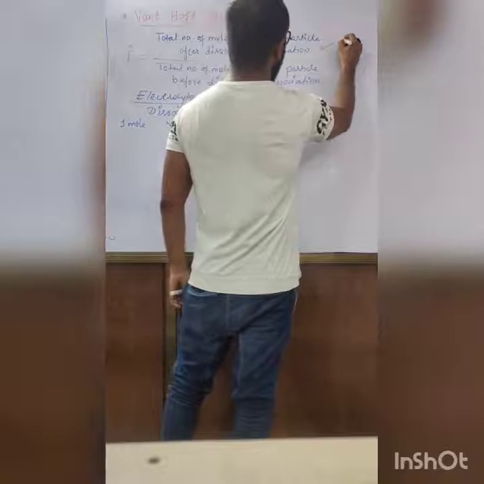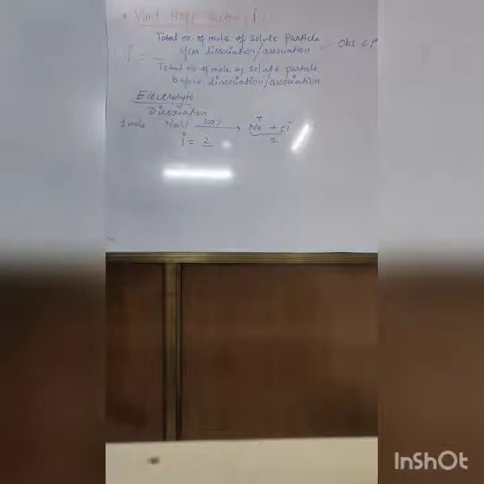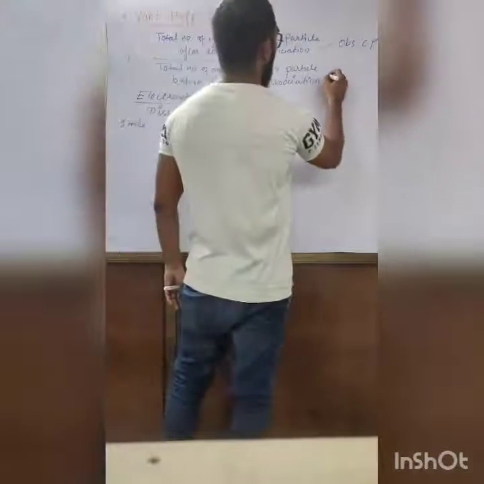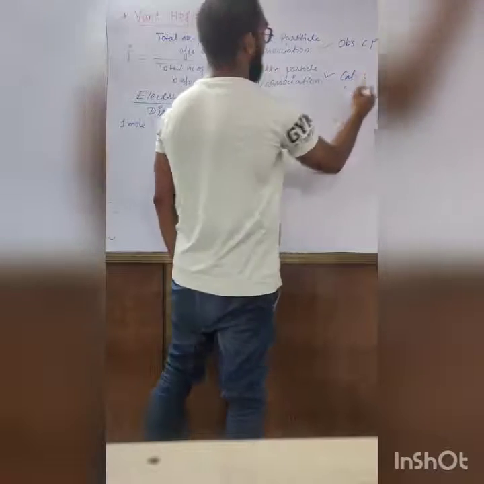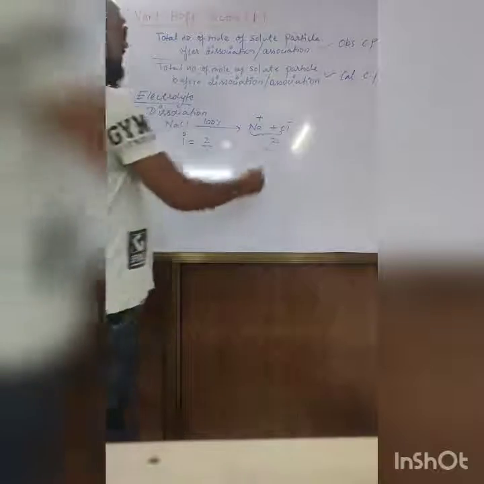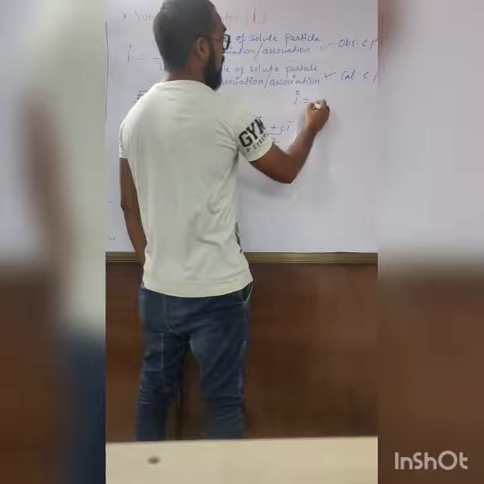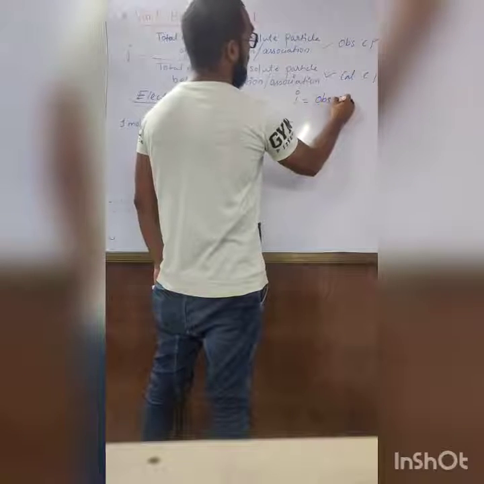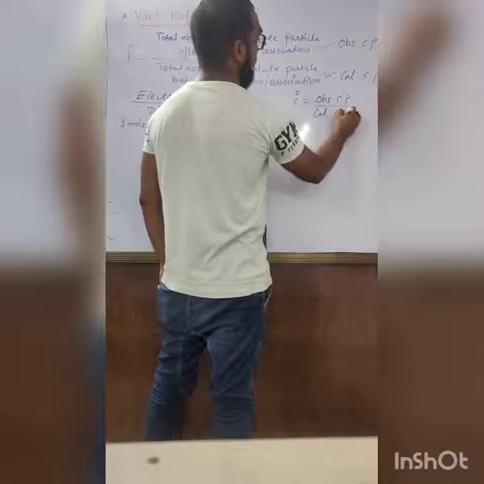Okay, so it is also called observed colligative property, and this is called calculated colligative property. So I can say that this formula can also be written as observed colligative property upon calculated colligative property.